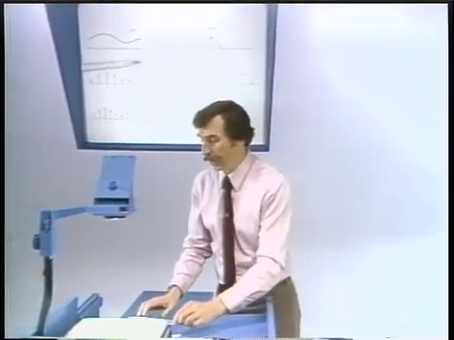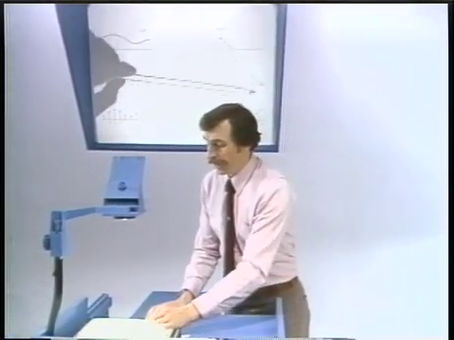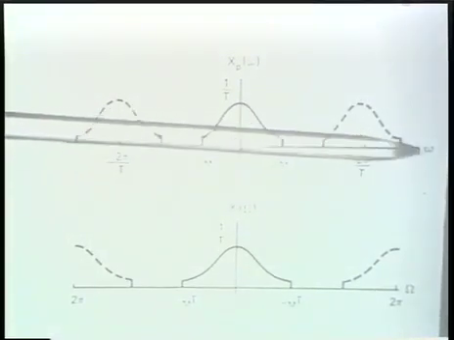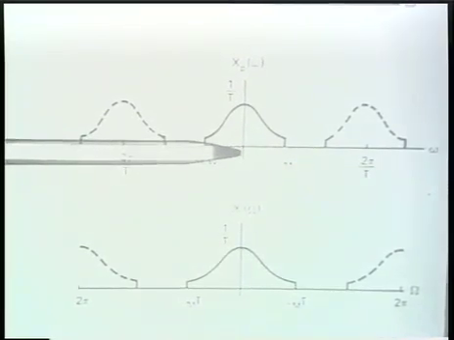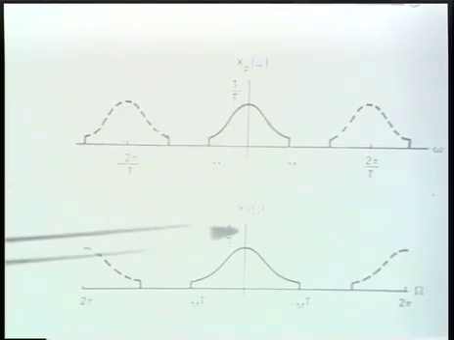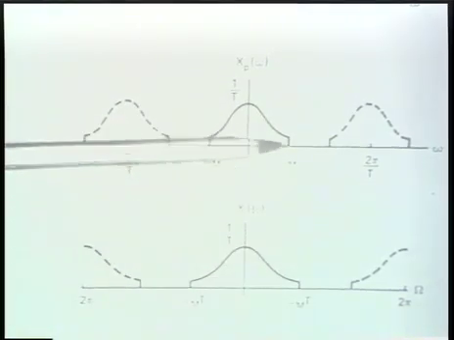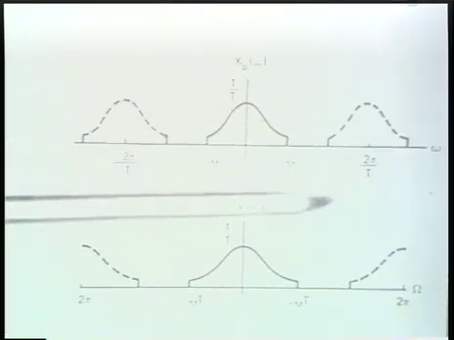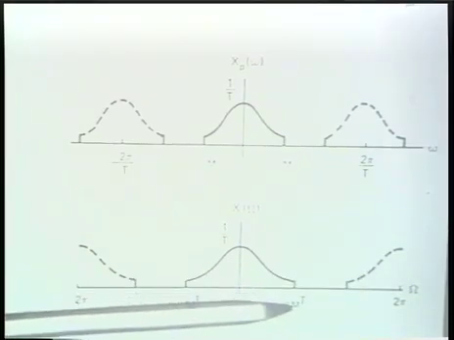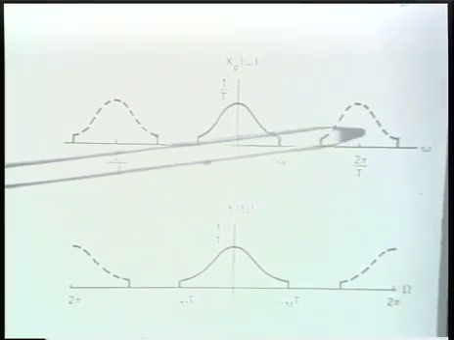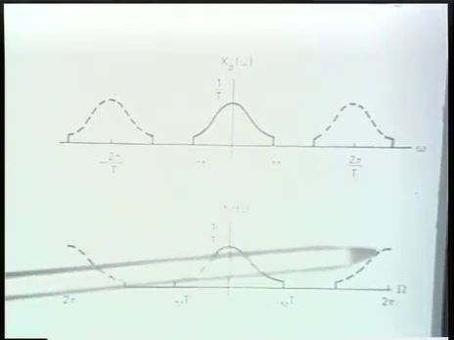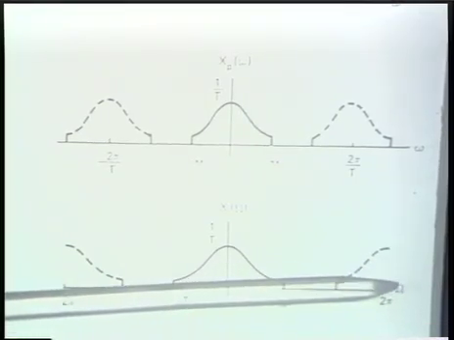Well, dividing out in the time domain by capital T would correspond to multiplying the frequency axis by capital T. And indeed, what happens is that in going from the impulse train to the sequence values, we now rescale this axis so that the axis gets stretched by capital T, and the frequency which corresponded to 2 pi over capital T now gets renormalized to 2 pi.